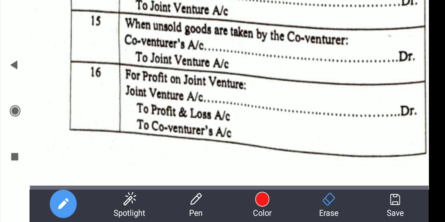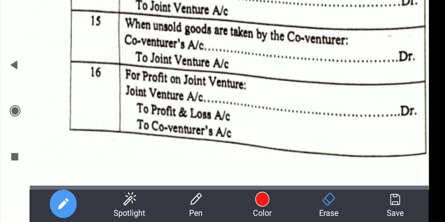Under the first method, no separate set of books is maintained for the joint venture. Under this method, all the co-ventures maintain the books, but we have to prepare two accounts: one is the joint venture account, and the second is the co-venture account. The joint venture account is prepared to know the profit or loss on the venture.